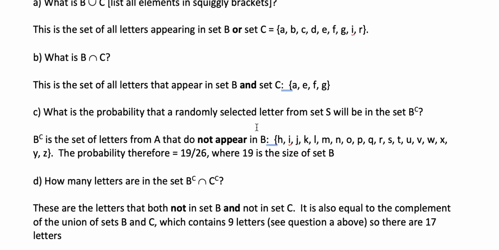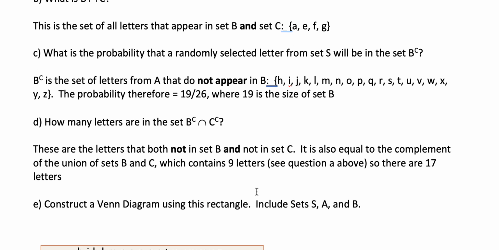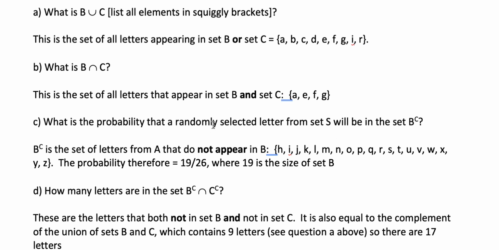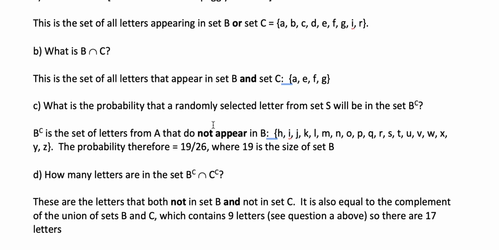Okay, how many letters are in the set B complement intersects C complement? So this would be all the letters that don't appear in B and don't appear in C. And so when we look at that, this is really the complement of the union of sets B and C. In other words, take all the letters that are in B or C and then take the complement of that.